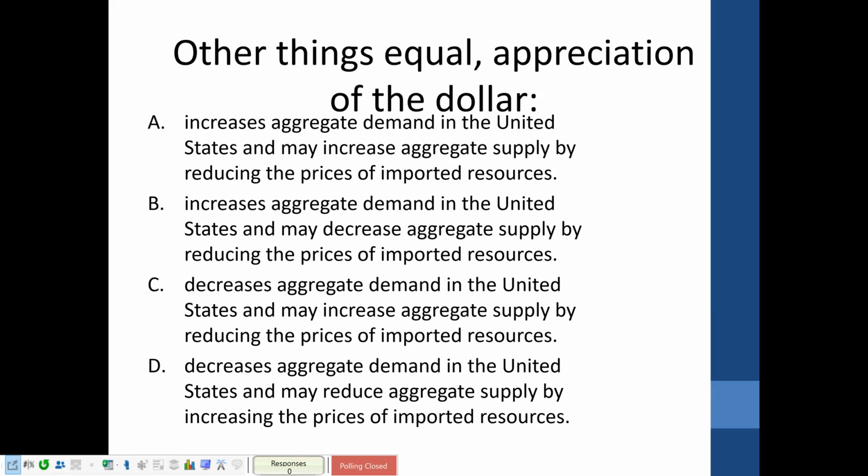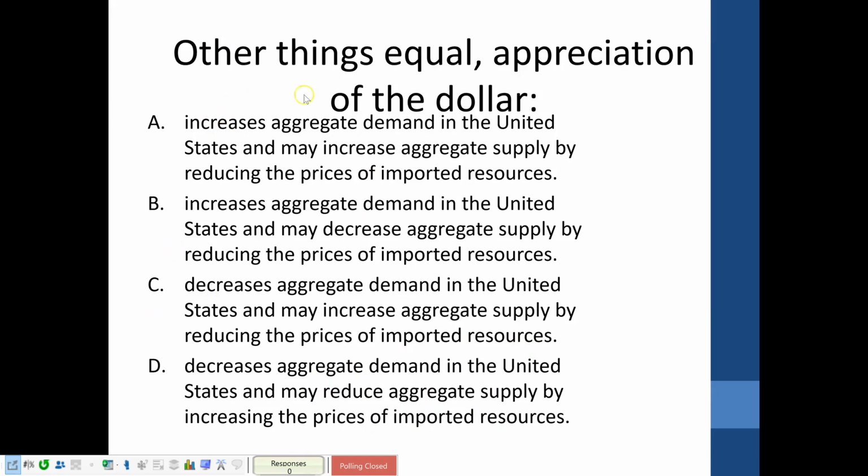Because we just said appreciation of dollar will increase the aggregate supply. So you can say A has increase in aggregate supply, B decrease, C increase, D decrease. So in between A or C.